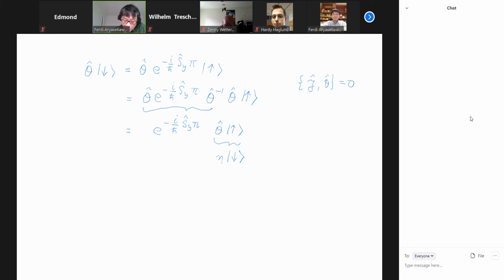And that rotation operator acting on the spin down state turns it into spin up, but with the minus sign, so then we get eta spin up like this. So it turns the spin down state into a spin up state, but with a minus sign. Yes, this is what we get.